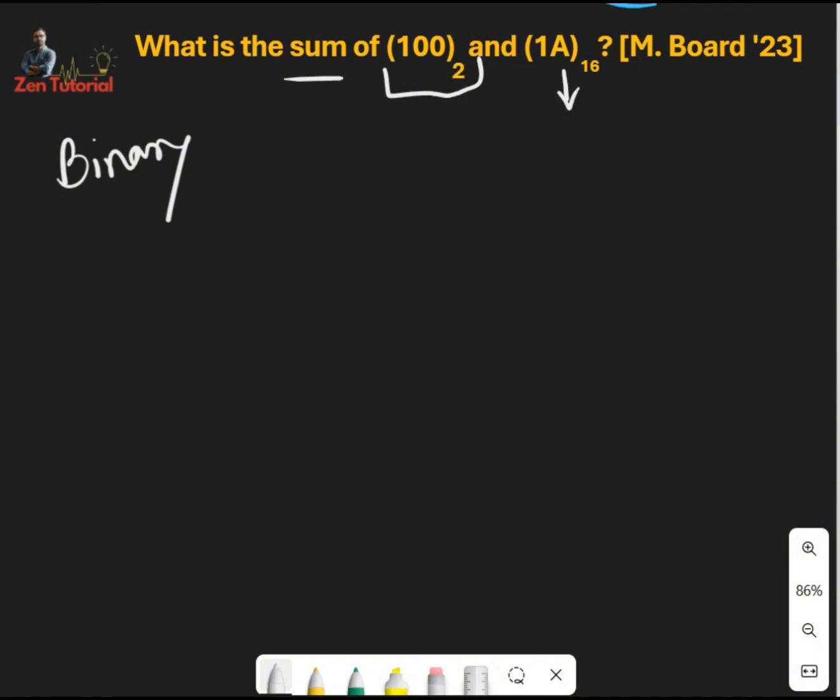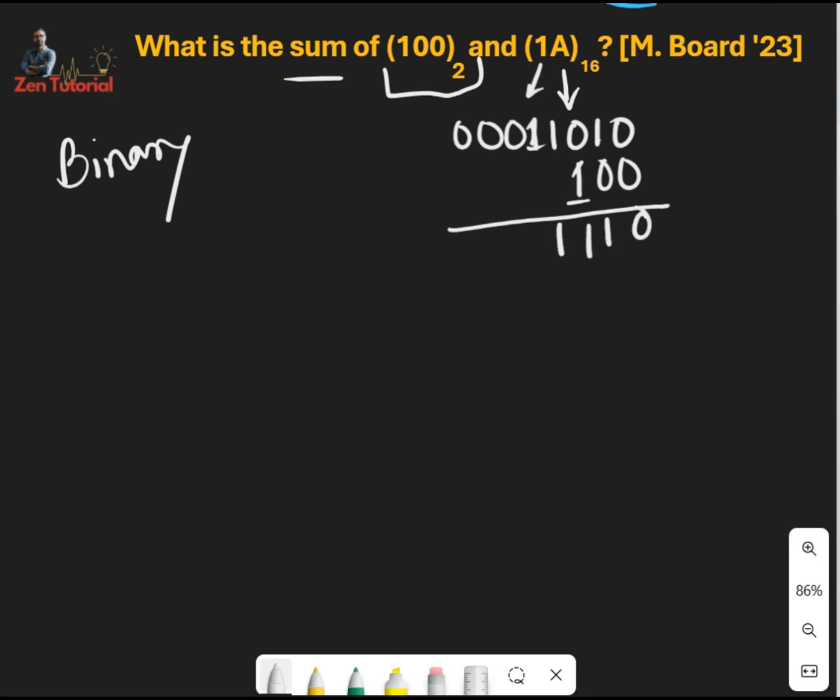So A represents 1010 and 1 represents 0001, and the first number is 100. So let's write down 100. Now if we add up these two numbers, it will be 01111. So this is the binary number, right? So this is the binary sum of these two numbers.